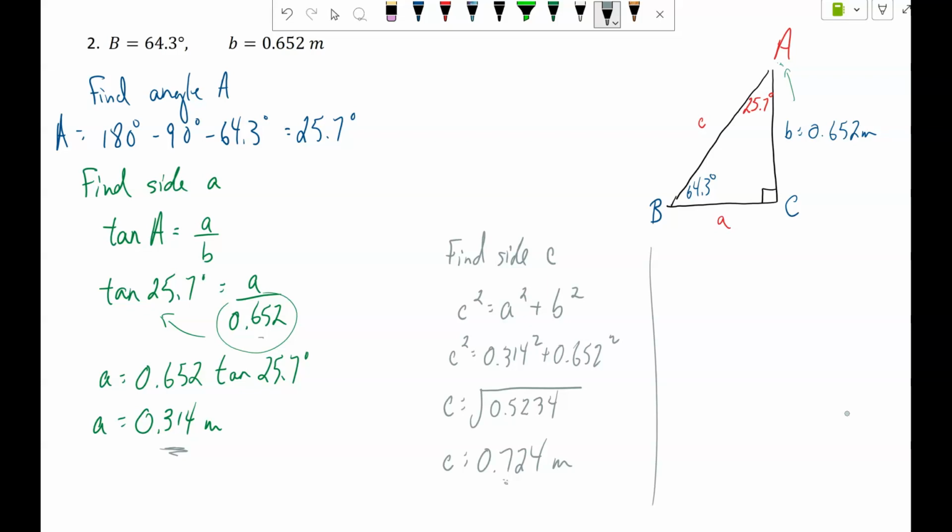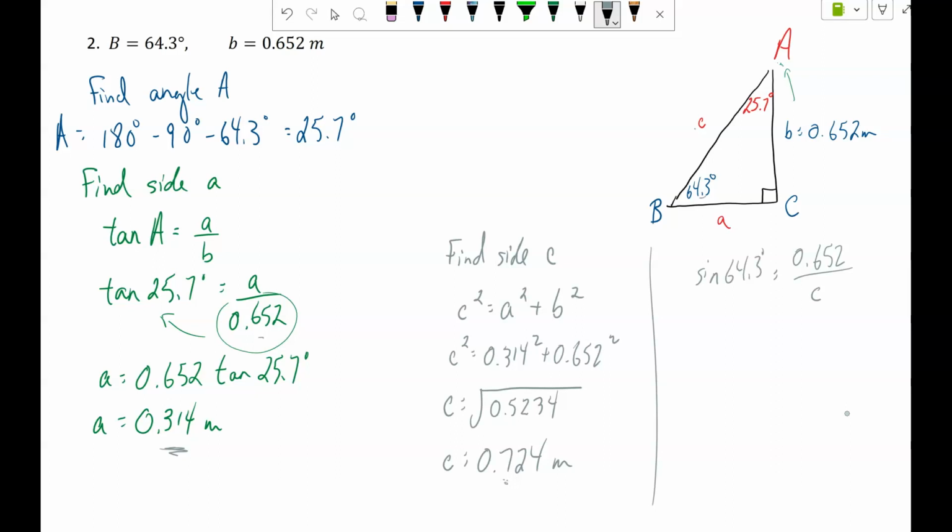The alternative method would be to find C. C is the hypotenuse, and we've got angle B and its opposite side, opposite over hypotenuse. So 0.652 over C is the sine of 64.3, right?